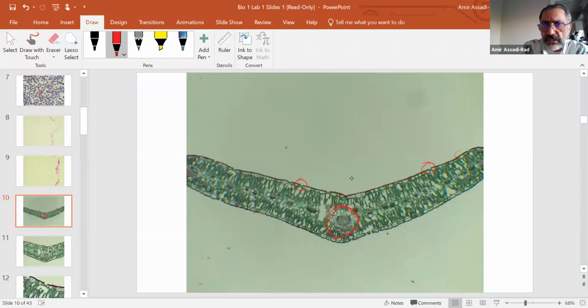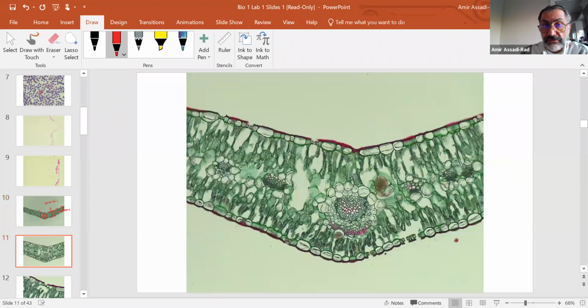Again, stomata. This is the epidermis. And this layer right here, not this layer and not that layer, is called endodermis. Okay, epidermis, endodermis, vascular bundle. I think in the photosynthesis lab I mentioned all of these.